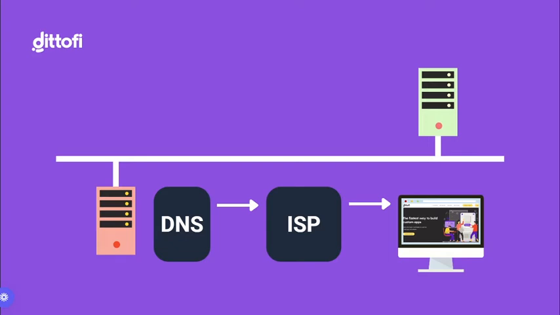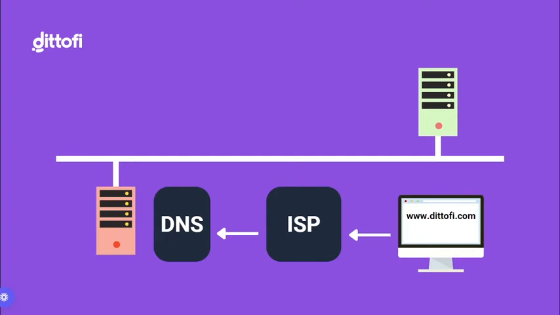So if you want to visit a website such as www.dittofi.com, your ISP will ask the DNS server for the IP address of the Dittofi server, and the DNS server will then look up the IP address of the Dittofi server that stores the Dittofi website.